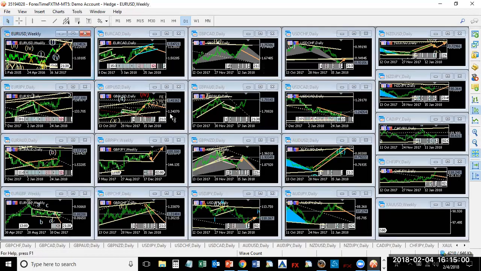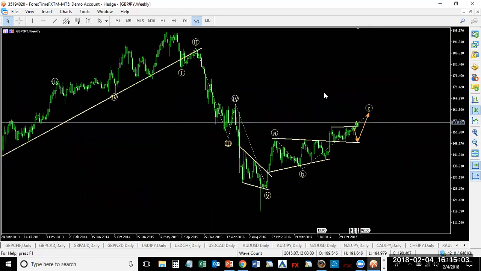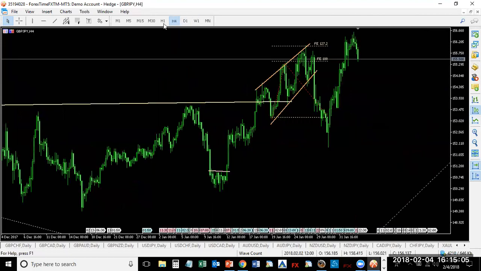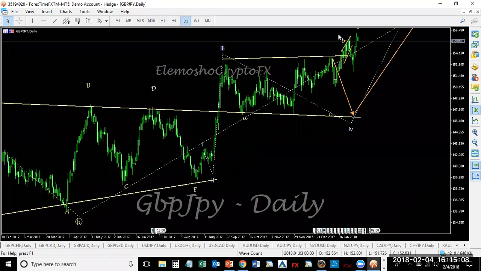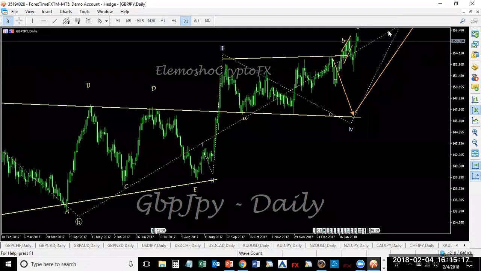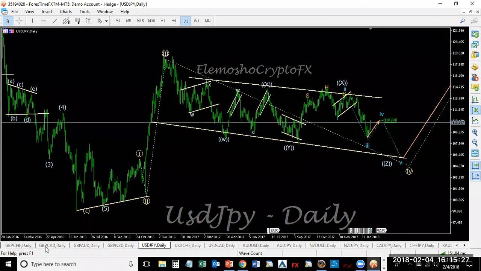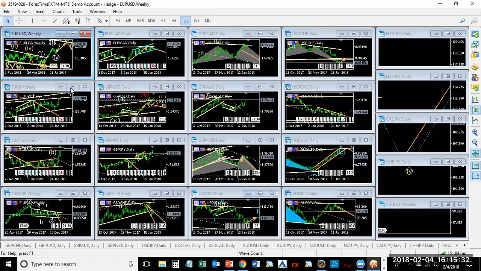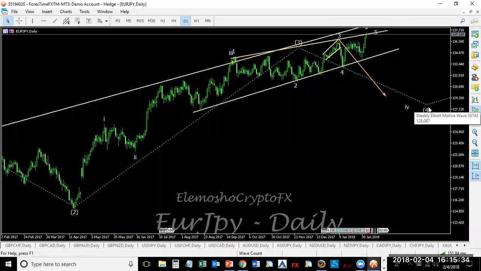If I go to the GBP JPY, which is this, I'm expecting on my 4 hours time frame or the day time frame, I'm still expecting one move to the downside, which is for the wave 4, before we eventually go for wave 5 or C. So all indication is pointing that yen can be strong because GBP JPY may sell at the interim, USD JPY may sell at the interim, then Euro JPY too, which I just analyzed for you guys right now, may also sell for the interim.